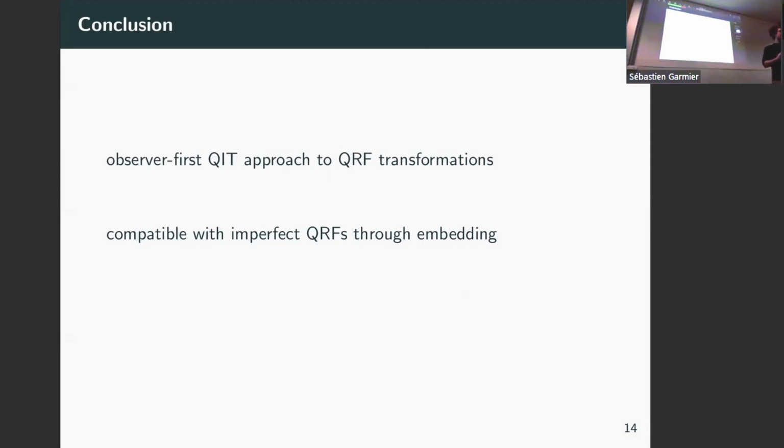Just a quick question, because there's the quantum information theory approach to quantum reference frames, so I'm guessing there are other approaches. Are they equivalent to what you found here, or do they look completely different, or do you get similar results? The other approaches to quantum reference frames and their transformations are in some respects similar.